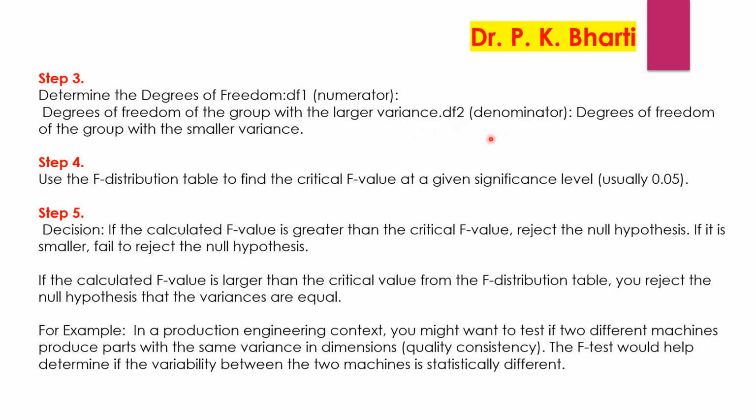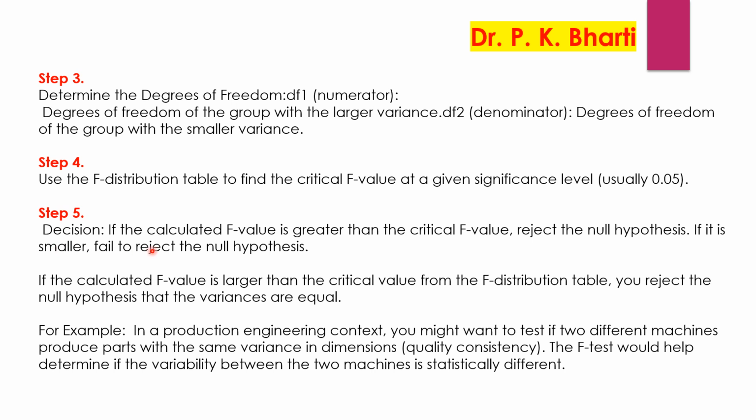And the degree of freedom is always n minus 1, sample size minus 1. Then in step 4, we use the F distribution table to find the test statistic value or F value at a particular significance level. We generally take it 0.05, or if it is given in the problem, we take that value.